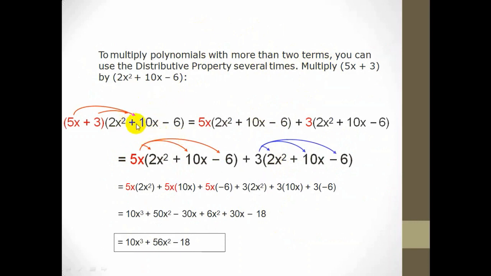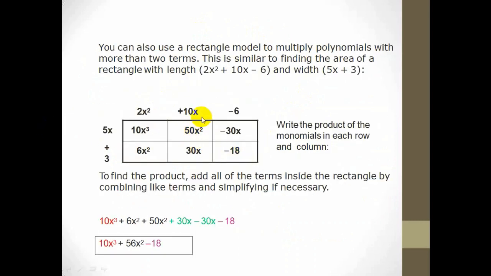To multiply polynomials with more than two terms, you can use the distributive property. And for the multiplication, you can use the area of the rectangle. First of all, write the polynomial which contains more than two terms.